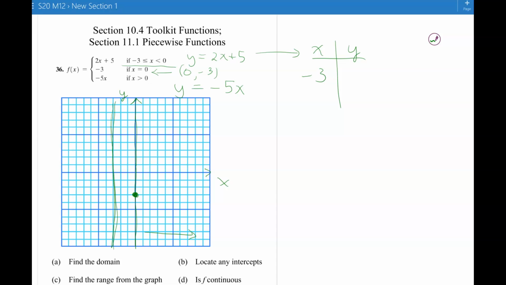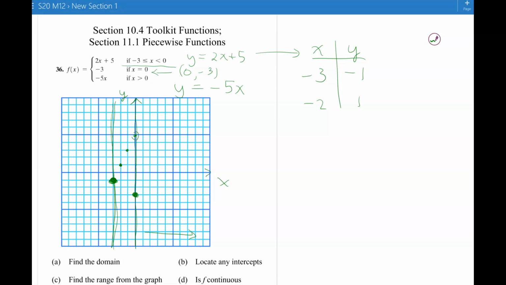And when x equals -3, y is -1. So we know that's a point on this graph. And when x is -2, we get +1. Or you can just use the slope of 2 to make the next dot and the next dot.